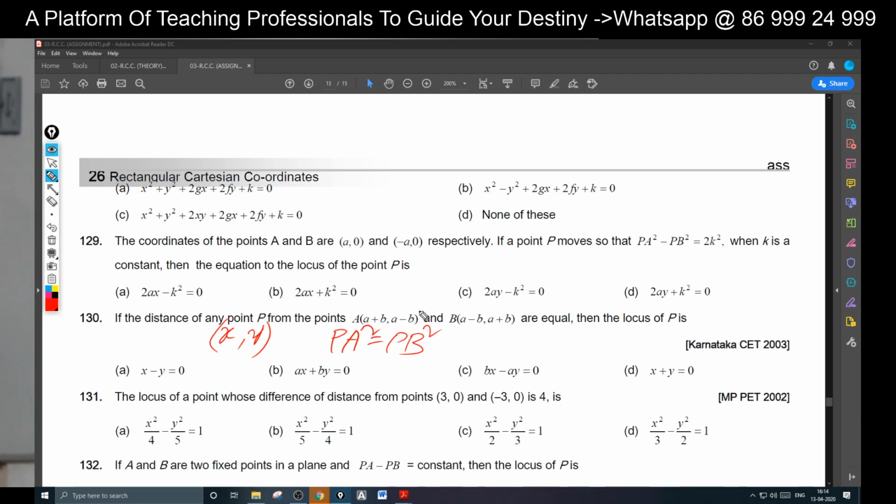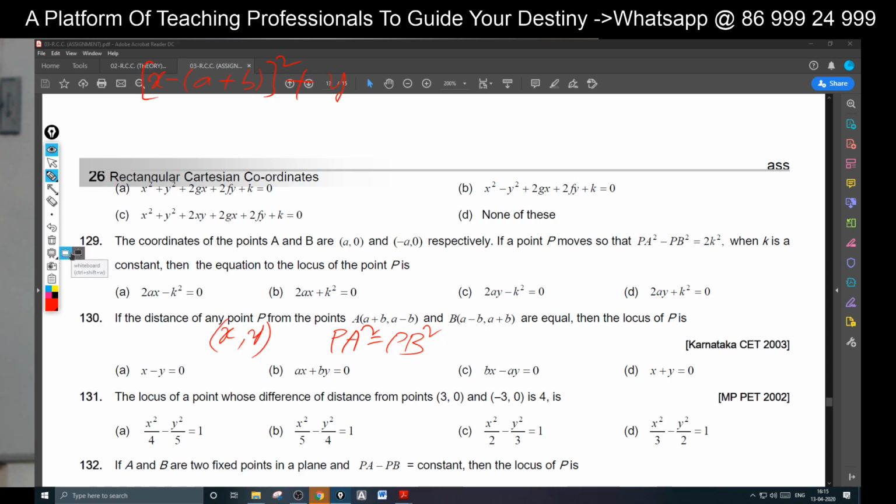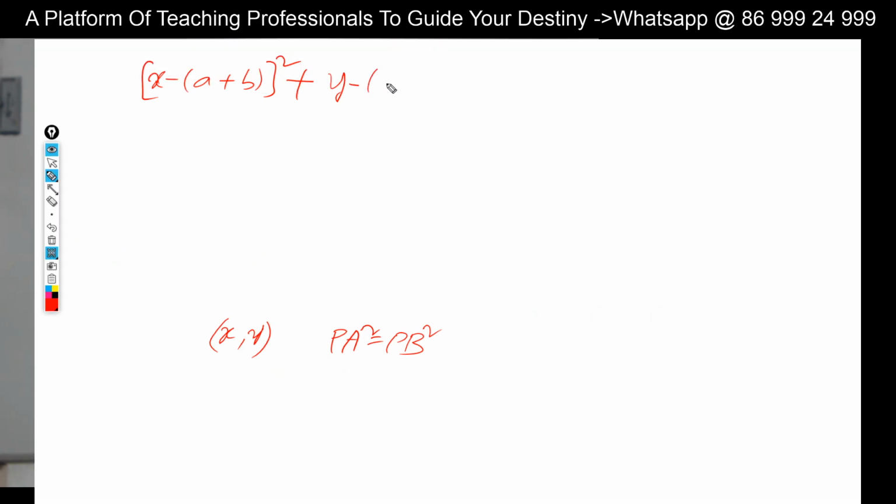PA square means x minus of A plus B whole square, plus y minus of A minus B whole square, is equal to x minus of A minus B whole square.